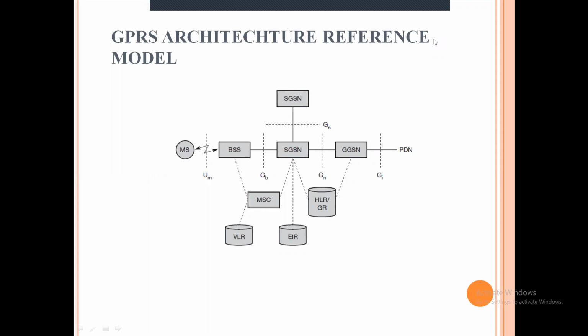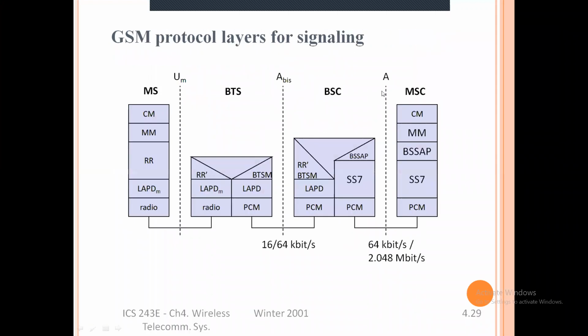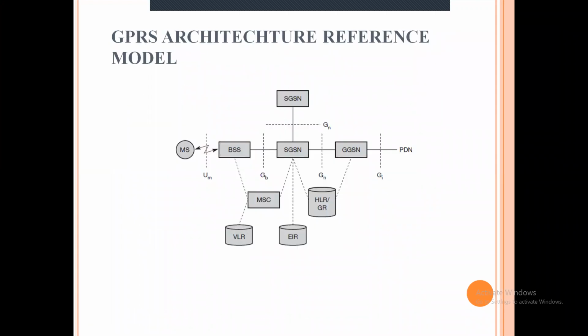In yesterday's class, we discussed the GPRS architecture: what GPRS is, why we selected GPRS, what the advantages of GPRS over HSCSD are, and what the architecture reference model of GPRS is.